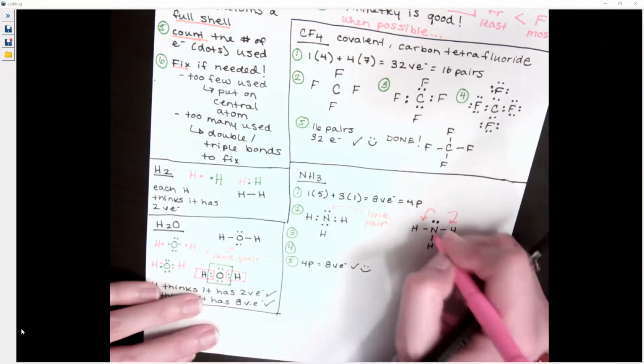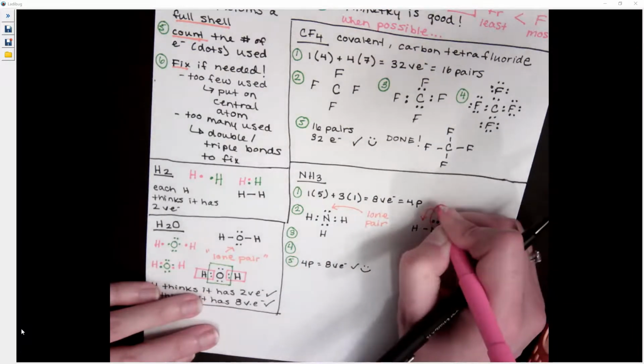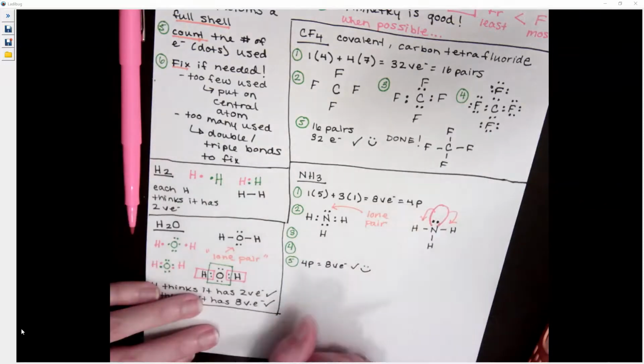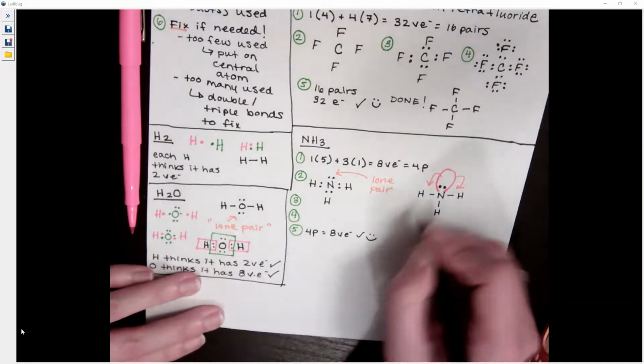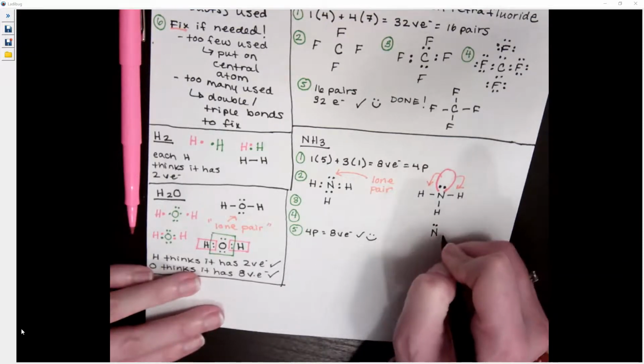Sometimes you may even see people draw almost like part of a teardrop on top of it, showing how much space it takes up, and the little arrows push it down. So the three-dimensional structure of nitrogen ends up a little bit different.